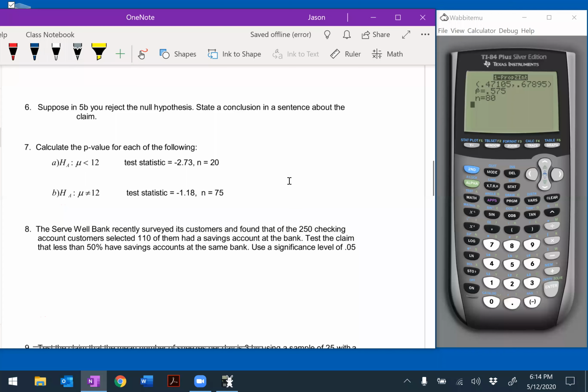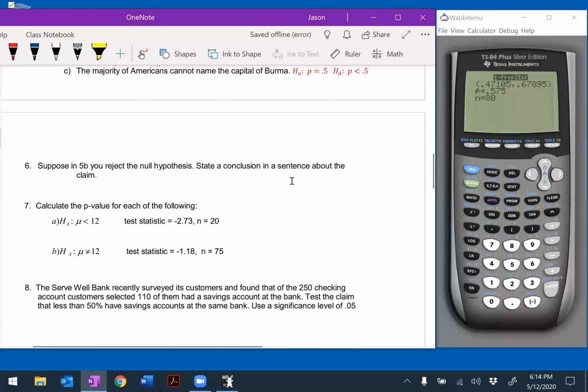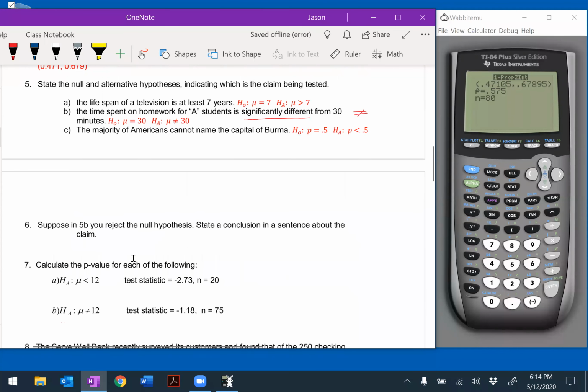Okay, suppose in 5B, okay, 5B here, suppose in 5B you reject the null. State a conclusion in a sentence about the claim.